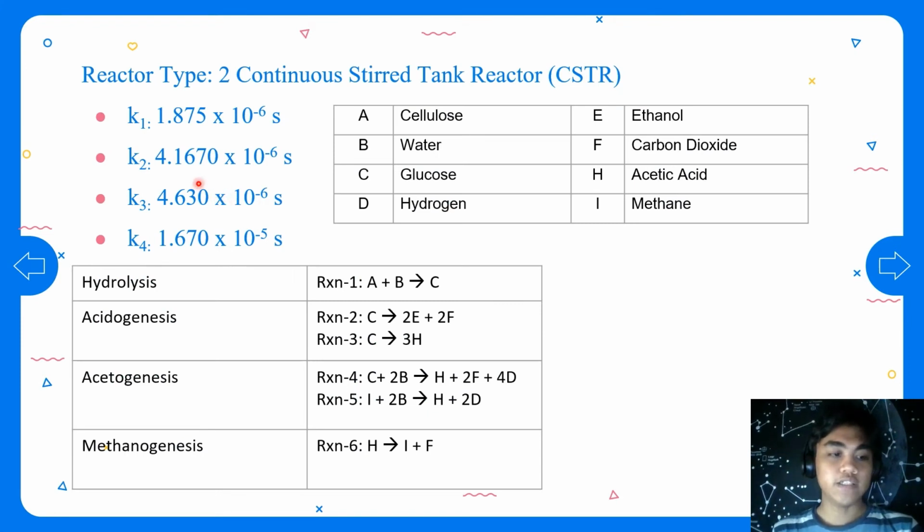For this reaction, we use 2 units of CSTR. We also assume that there are 4 stages of reaction happening in the reactors, which are hydrolysis, acidogenesis, acetogenesis, and methanogenesis. Each stage has its own rate constant value.